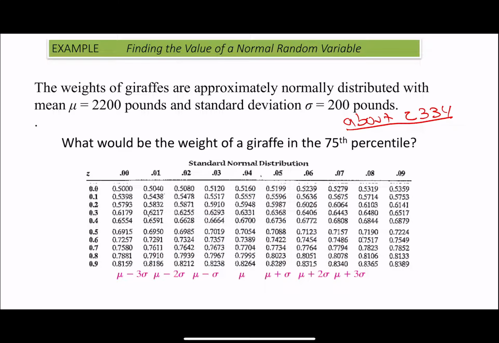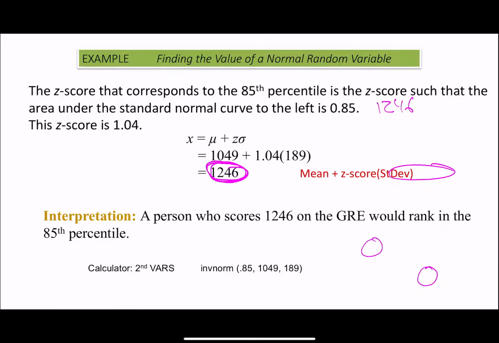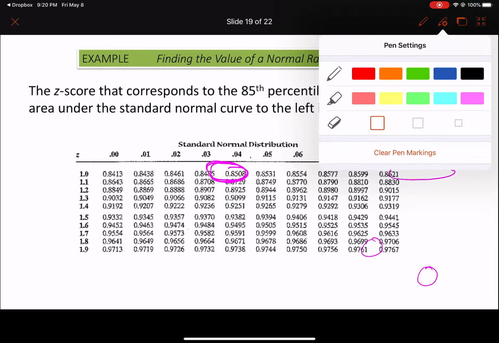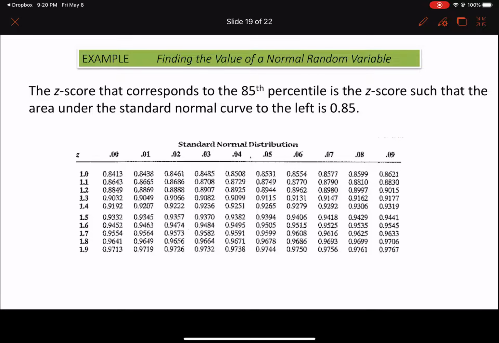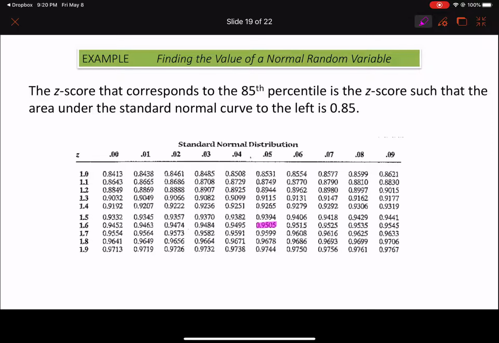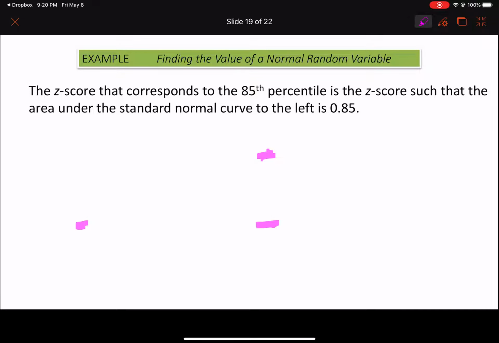Looking for 0.95, it's right about here. So you see I have 1.645 would be my z-score, and then just use the negative for the other end.